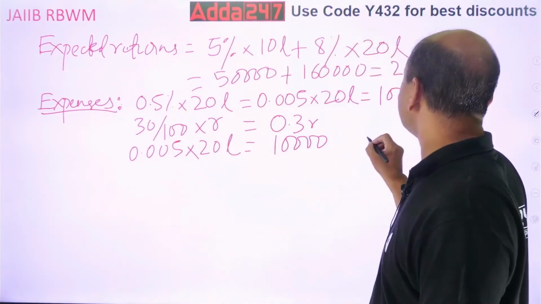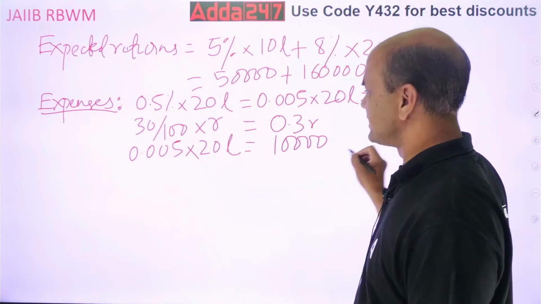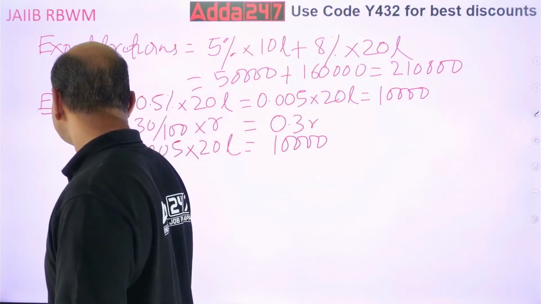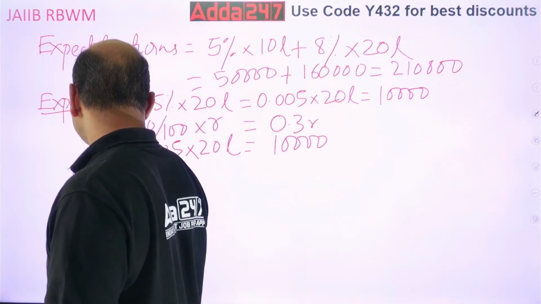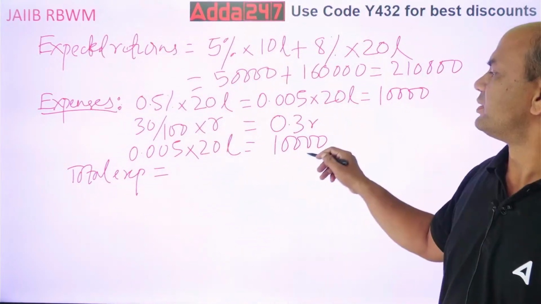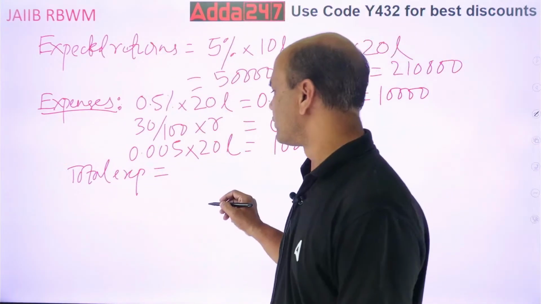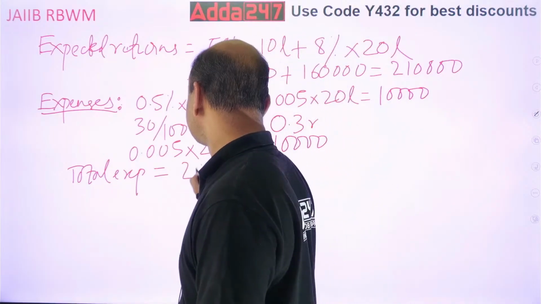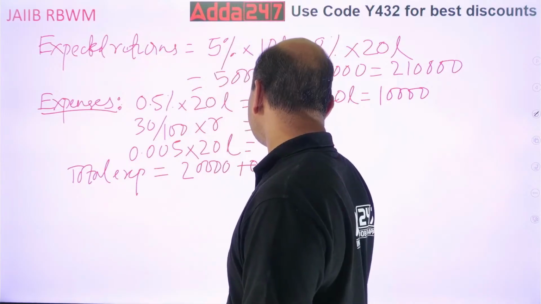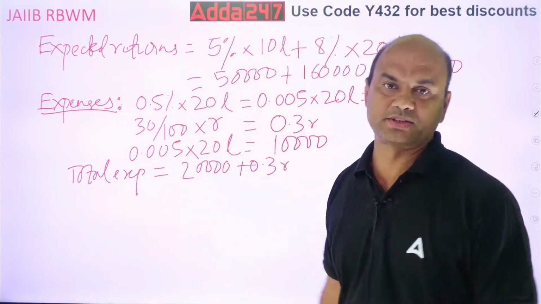Total expense equals 10 plus 10 is 20,000 plus 0.3R. This is my total expense.